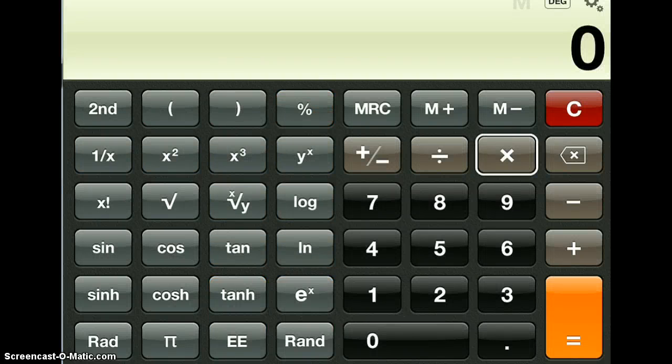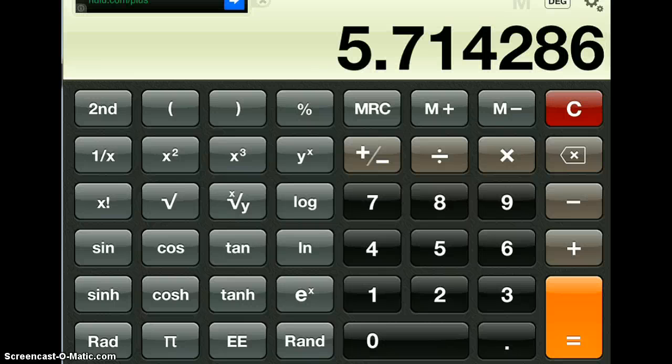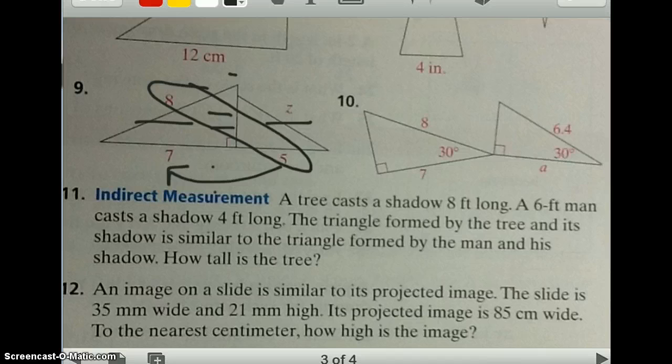So 8 times 5 divided by 7 equals something wrong with my calculator. So I'm going to pause and figure it out, and you do this. All right, I figured out whatever it was, and this is what I got. 8.571428. To which point you say, oh my word, Mrs. Beaver, I don't know what to do. And then we have a rough time.